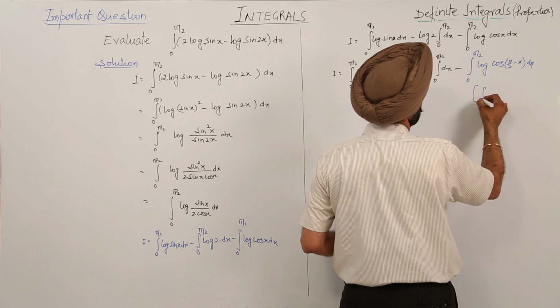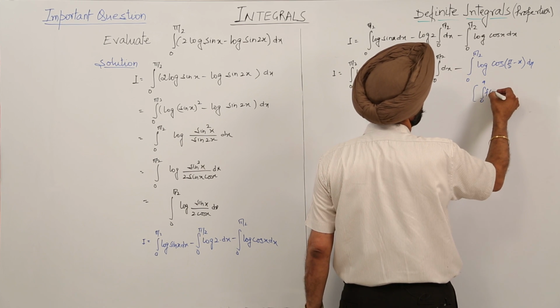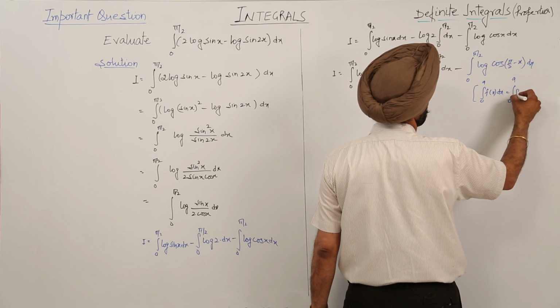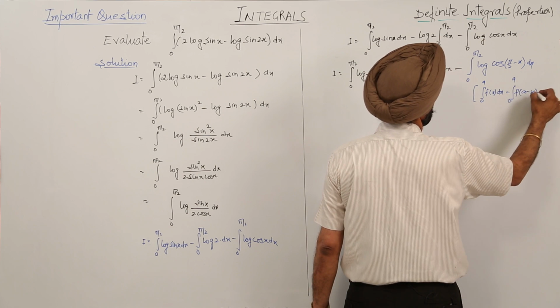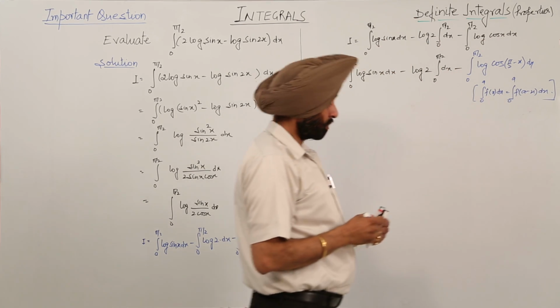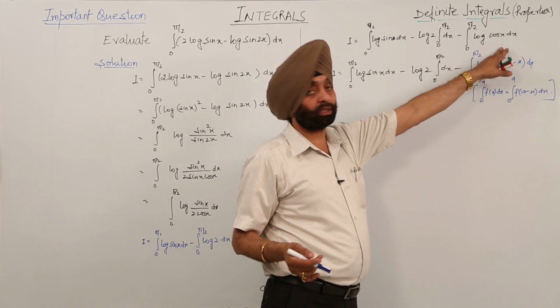Now here I have used a property: 0 to a f(x) dx is equal to 0 to a f(a minus x) dx. Okay, property is used only for the third part.